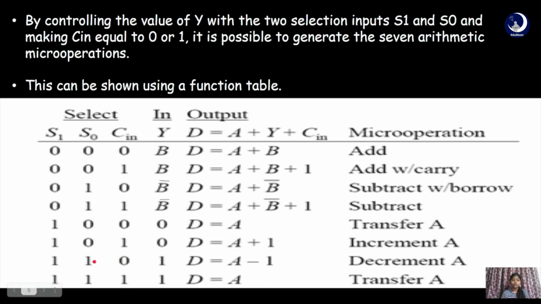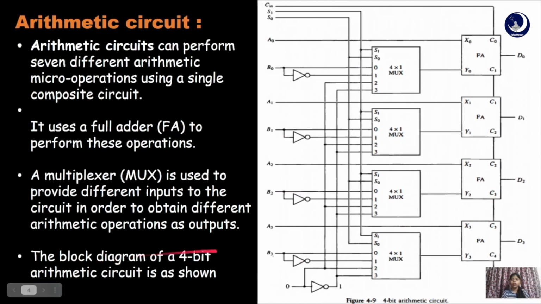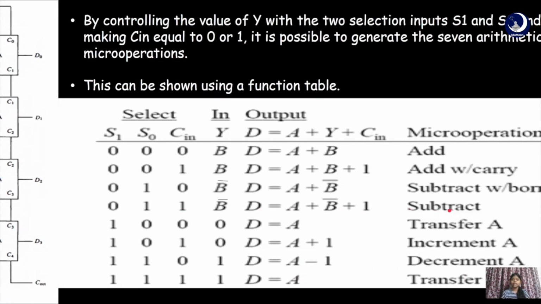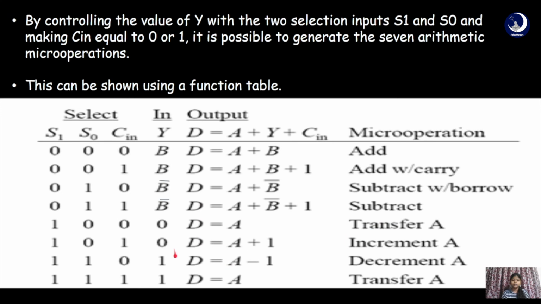And when S1, S0 equal to 1, 1, logic 1 is added. All the 3 inputs of the multiplexers are selected. 3 inputs are nothing but logic 1. So logic 1 is selected and given as the Y inputs to the full adder. So Y is equal to 1.